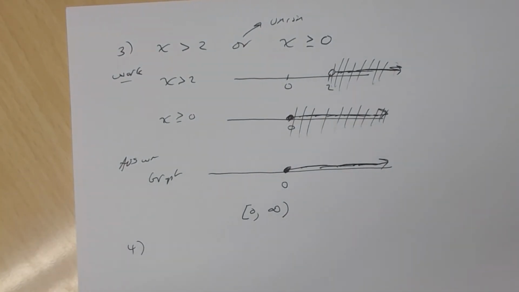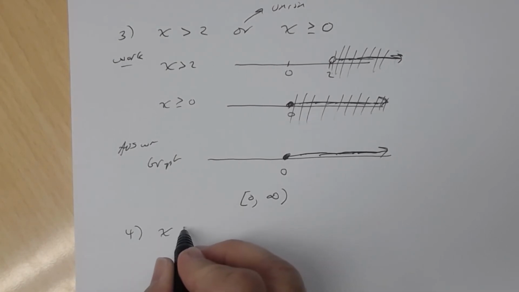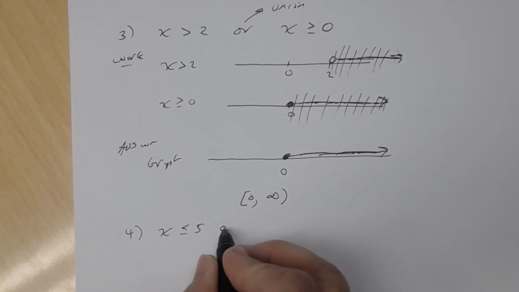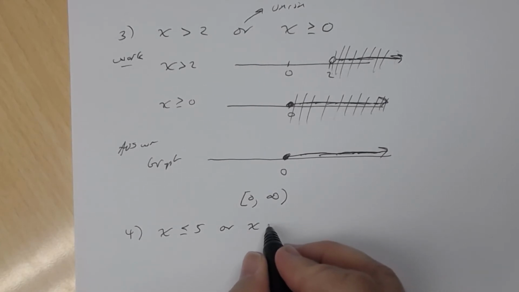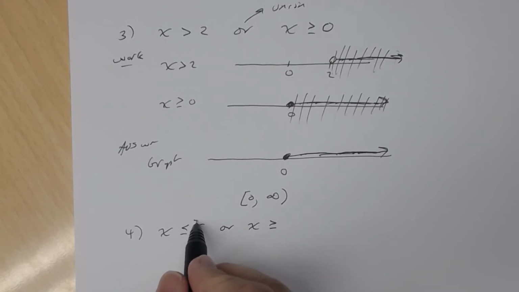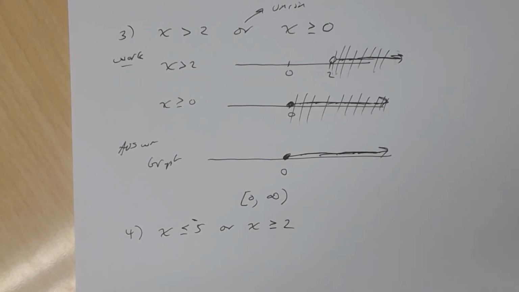Number 4, suppose you had x is less than or equal to negative 5, or x is greater than or equal to 2.